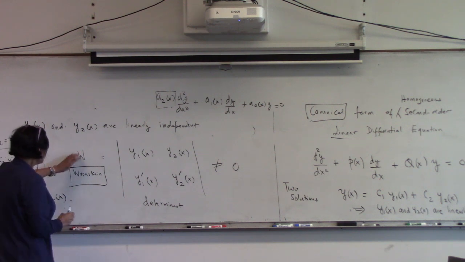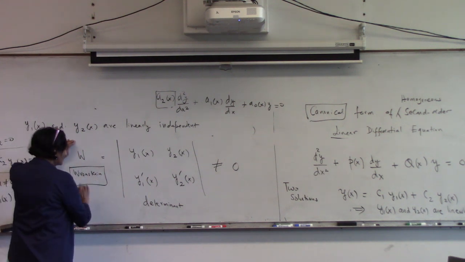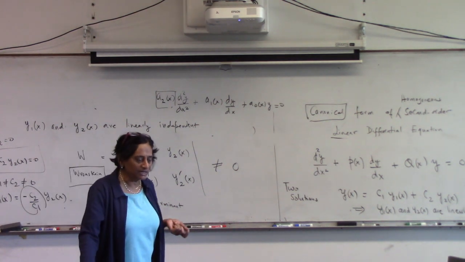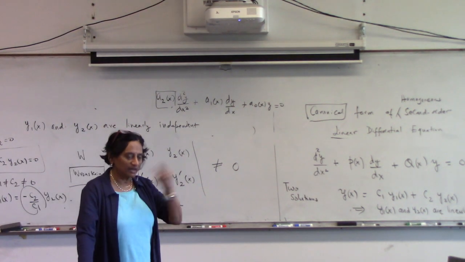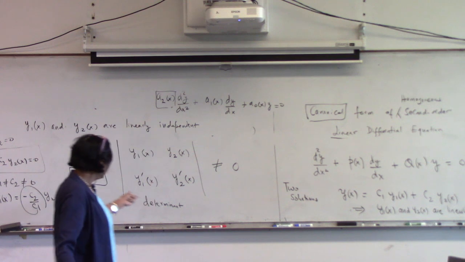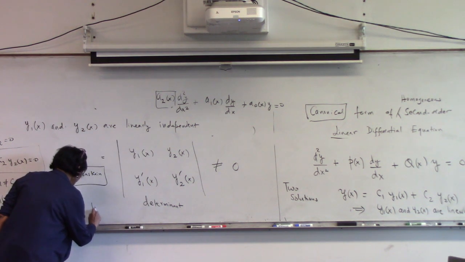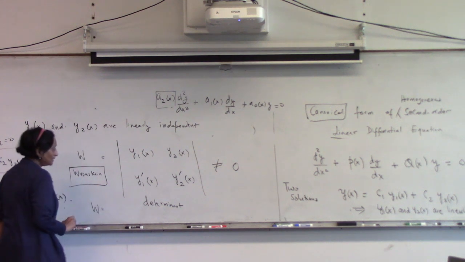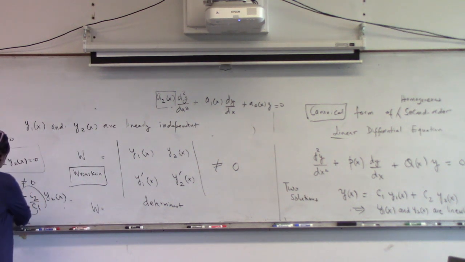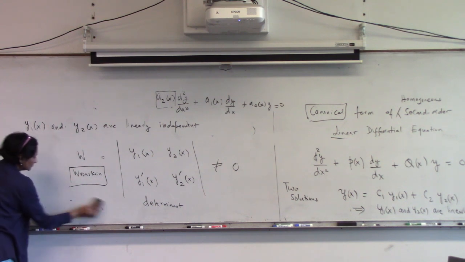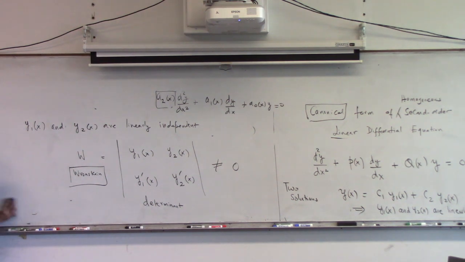But let's always remember this is what we will use. You have found two solutions and you want to check for linear independence, construct the Wronskian and check that the determinant is not equal to 0. What's the definition of the Wronskian? If this is the determinant, how do you write the Wronskian?